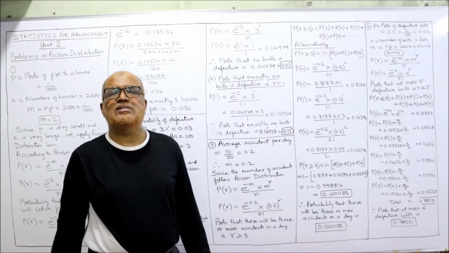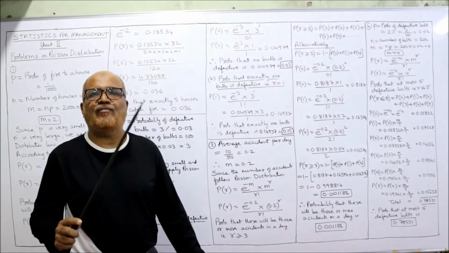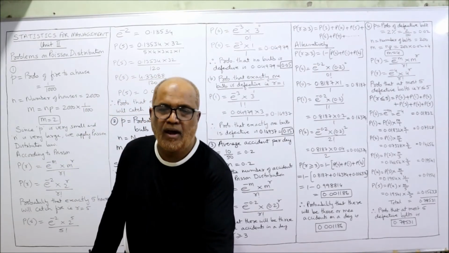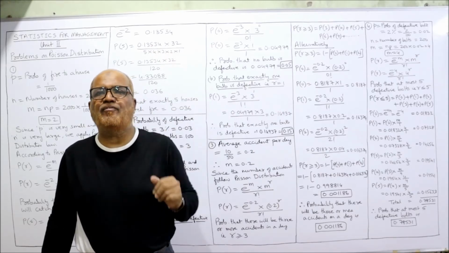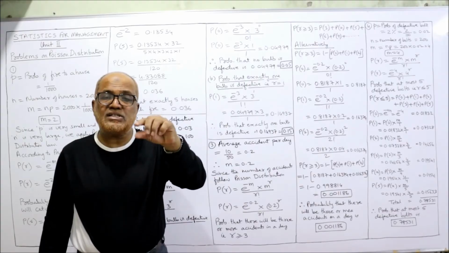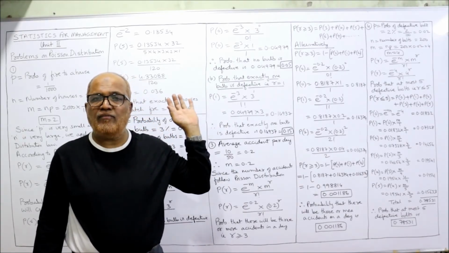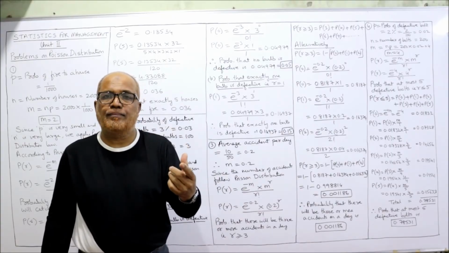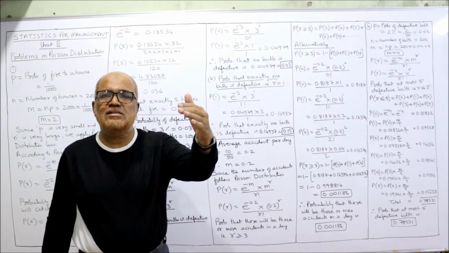The question is, what is the probability of at most 5 defective bolts? At most means up to or maximum 5, not more than 5. At most and at least, you have to be careful. In the previous problem we came across at least, minimum. Now it is given at most, maximum.